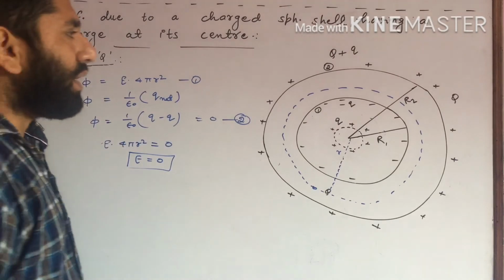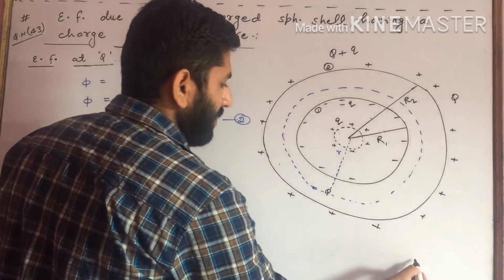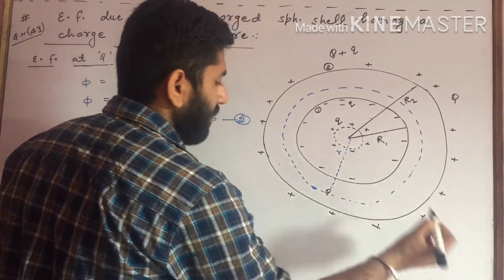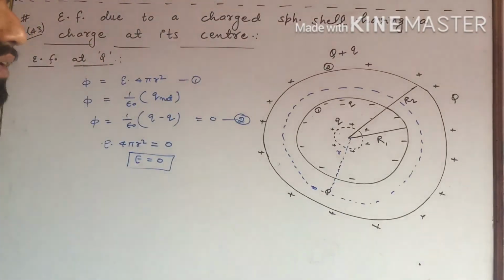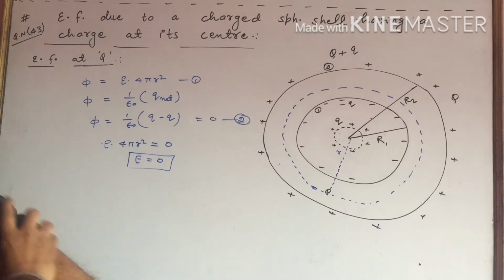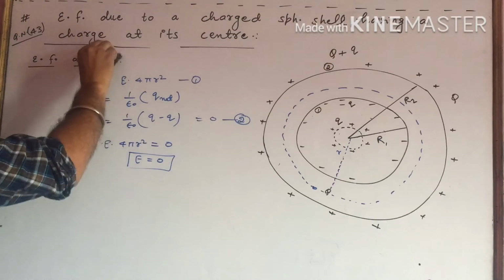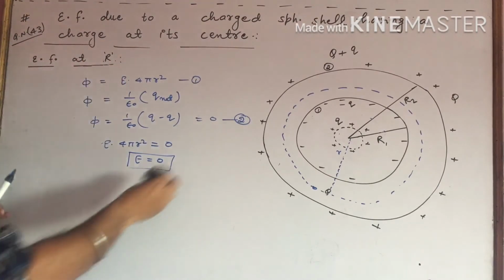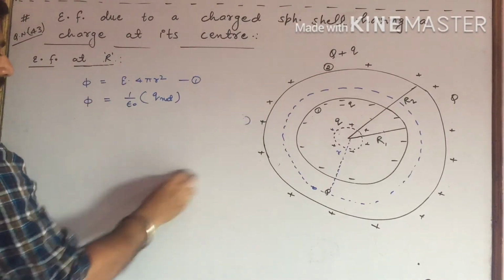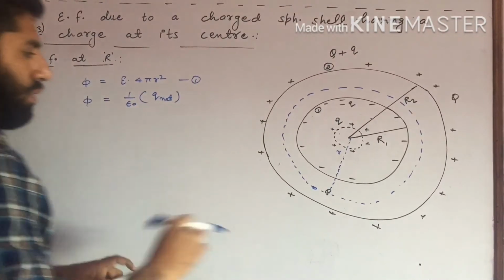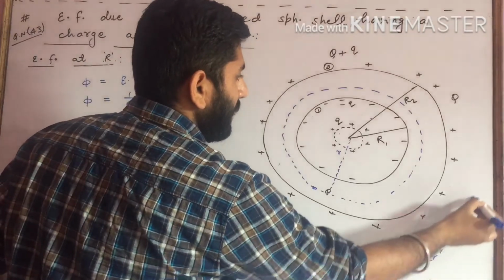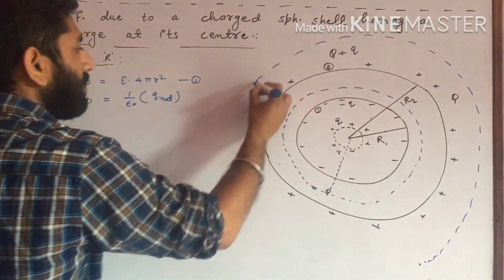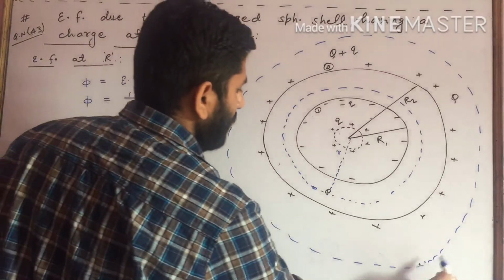Now one additional point I am considering. Suppose there is a point R which is lying outside the sphere. Then what will be the electric field at that point? So in this case, again we will be proceeding in the same manner. Again we have to consider a Gaussian surface which will be a sphere only.